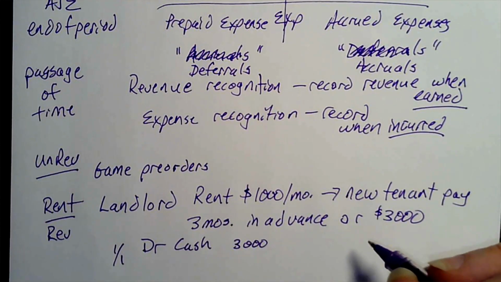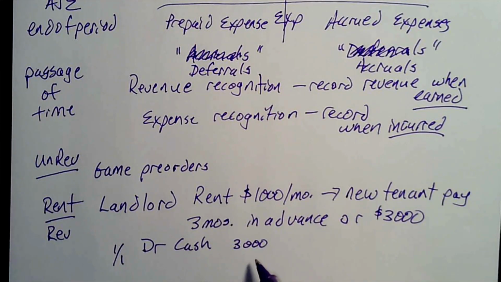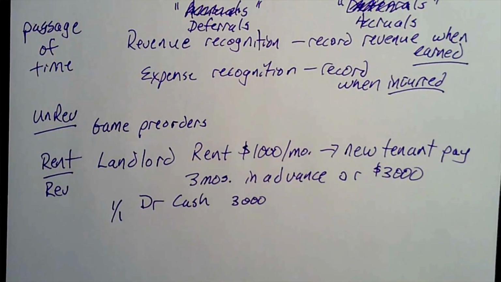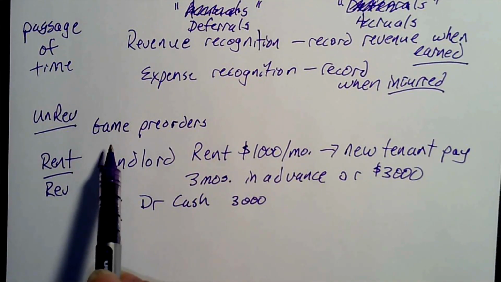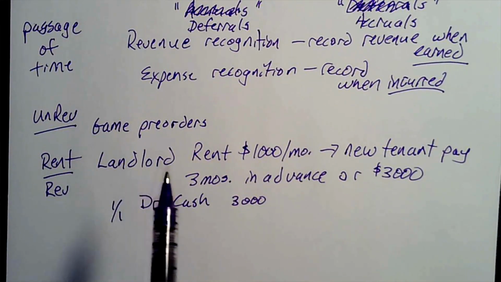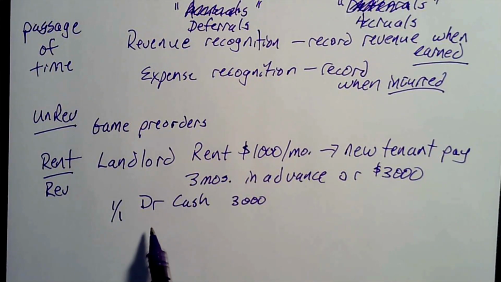And so we have the money, but think about it in the same way as the game people. The game people received the money before they gave them the game. Well, here we've received the cash, but what is the thing that we need to do as the landlord to earn that money?